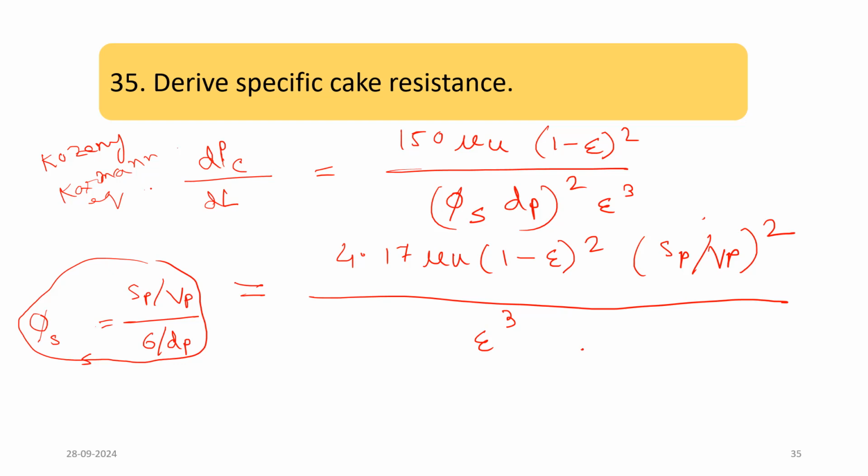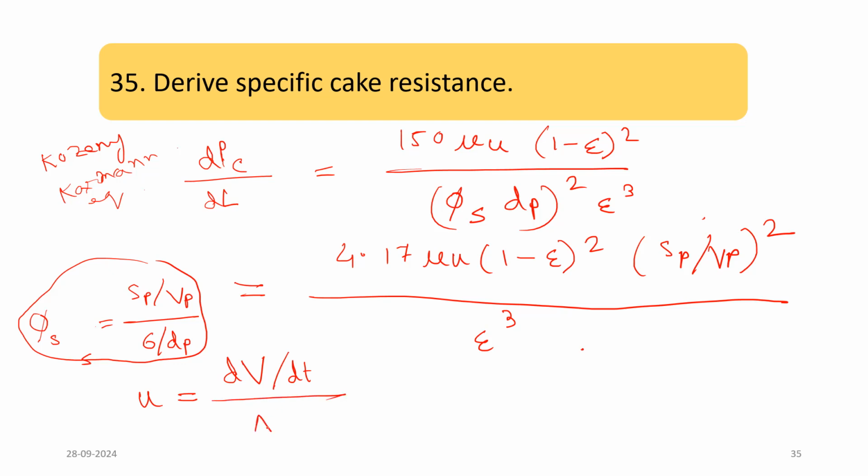So this is the velocity of the filtrate. Similarly, if we want to know the volume, we can write it as A dL (1 minus epsilon). This is the volume of the cake.